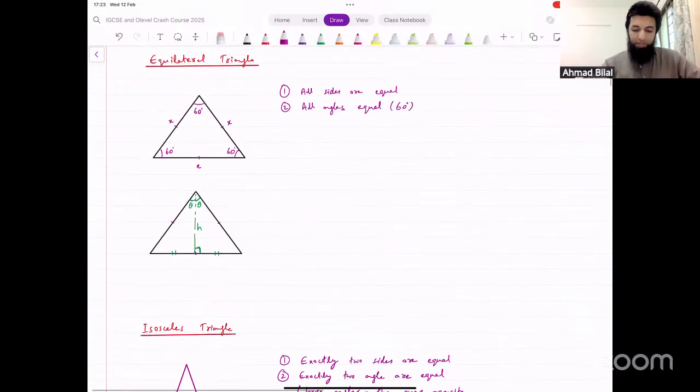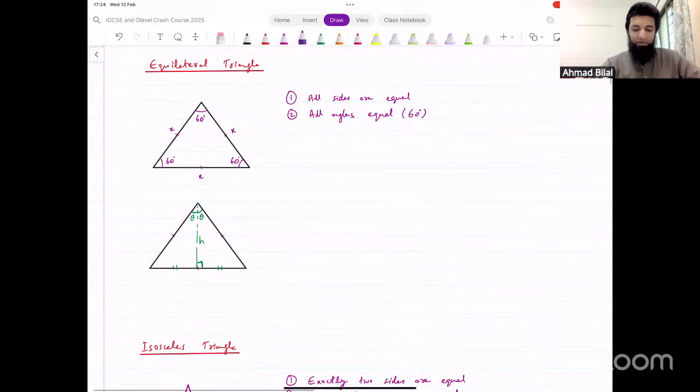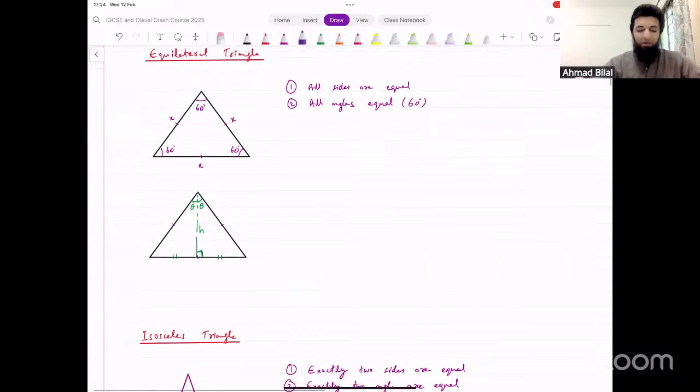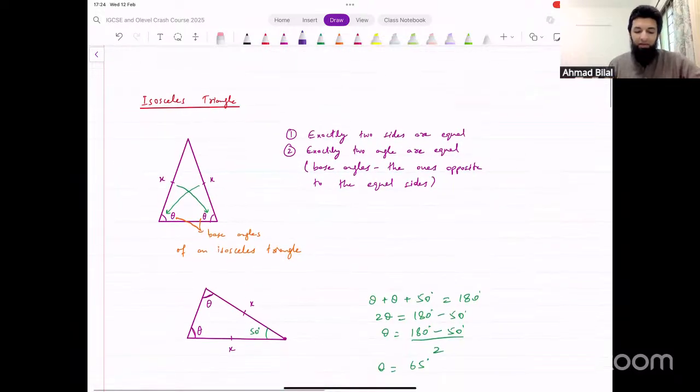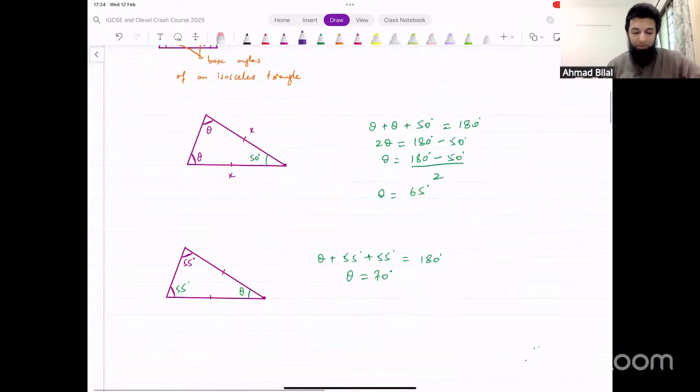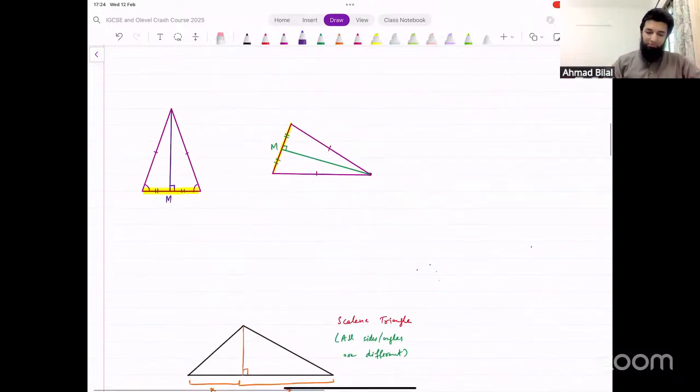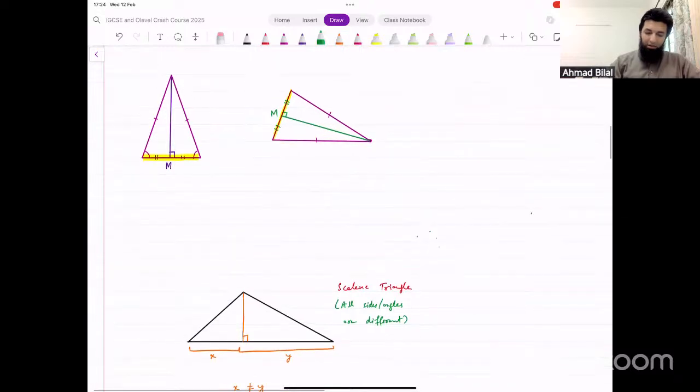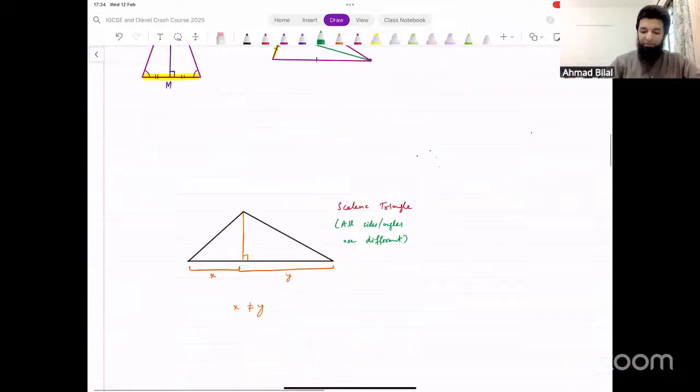So these were some important concepts as far as triangles are concerned. You need to know about the different types of triangles: equilateral, isosceles, right angle. And this property is important: when you make a right angle here like this in an isosceles triangle, the base is divided into two equal parts.